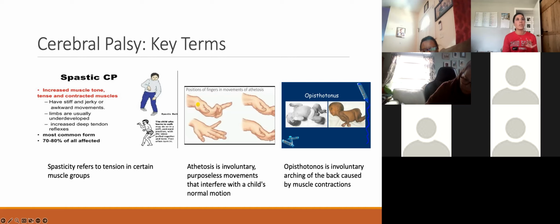So you can see some of those finger movements that you might see in that picture there. And then opisthotonos is an involuntary arching of the back caused by our muscle contractions. So that posture that you're seeing in the picture there is those muscles being contracted and how the child is all the time.